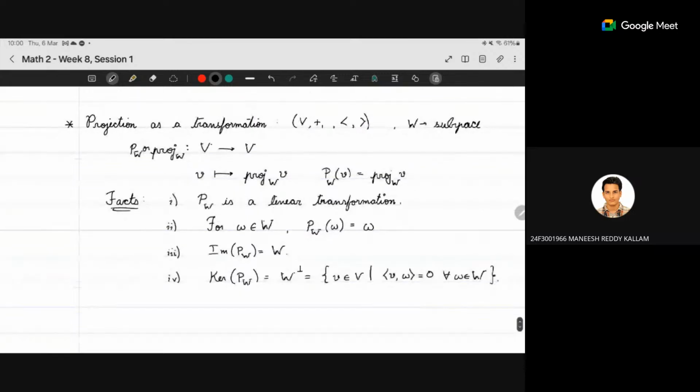Projection of any vector onto W lies in W, no? Yes, sir.